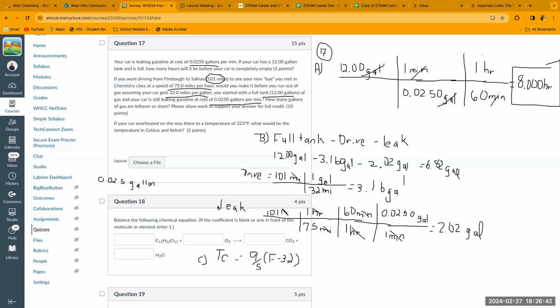So there's a couple of ways. 9/5 is the same thing as 1.8. So we can divide this by 1.8. So let's correct that. Or we can just say 5/9.